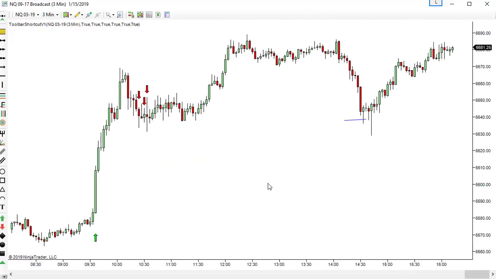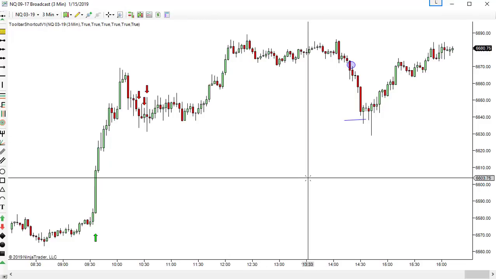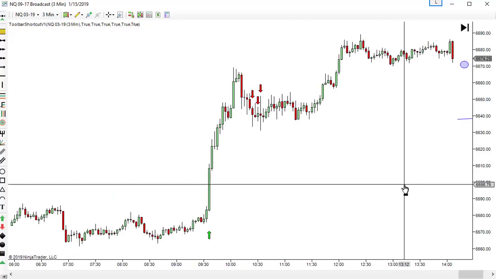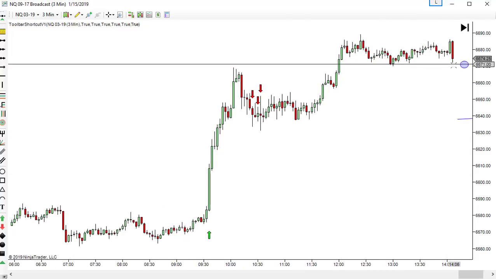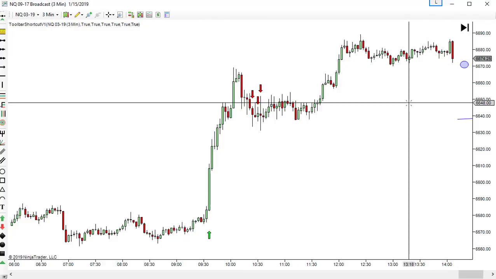We had an understanding trade right here, short in the afternoon. I'm going to explain on an understanding trade, it's going to be the same scenario. The market's up, we get a big red candle, it comes down. It's like, hey guys, we may have an understanding trade.